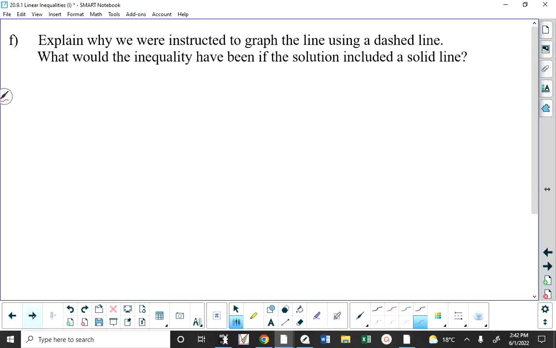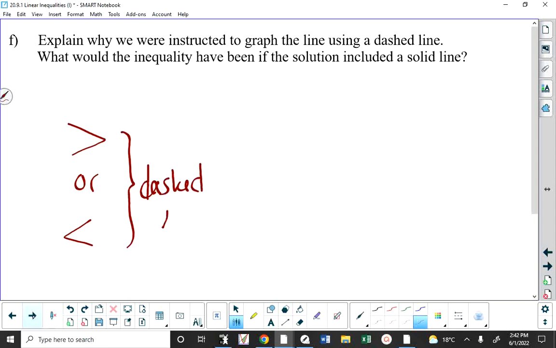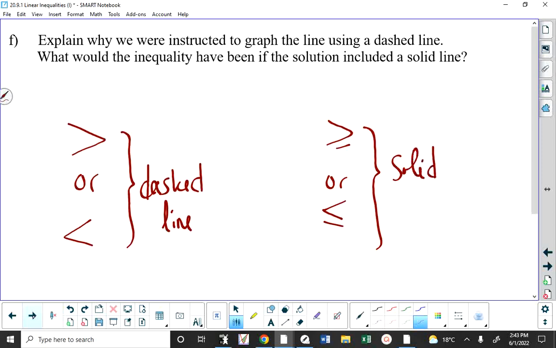Why were we instructed to graph the line using a dashed line, and what would the inequality have been if the solution included a solid line? I'll just summarize this by saying if your inequality is this or this, use a dashed line. If the inequality is this or this, you use a solid line.